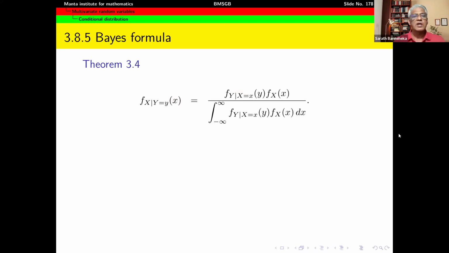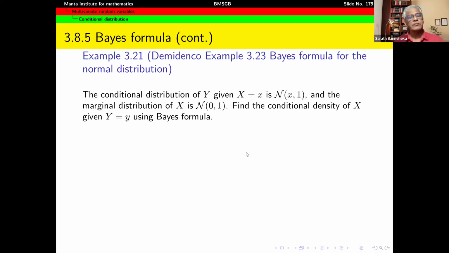So let us look at an example. Suppose you know that the conditional distribution of y given x is normal, with mean x and standard deviation, and variance, 1, for example. So the conditional distribution of y given that x is equal to simple x is normally distributed.